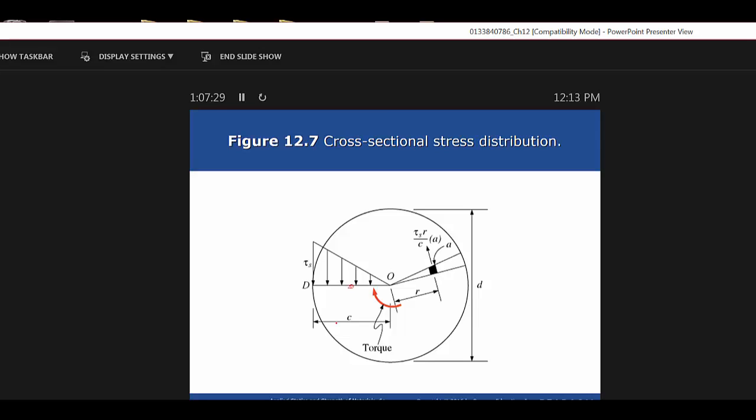8,050 psi. Now it does say the shear stress varies linearly from 0 at the longitudinal center of the shaft to 8,050 at the outer surface. Shear stress at the inner surface can then be calculated by the proportion. So in other words, there's the inner surface, they're talking about the ID, aren't they?